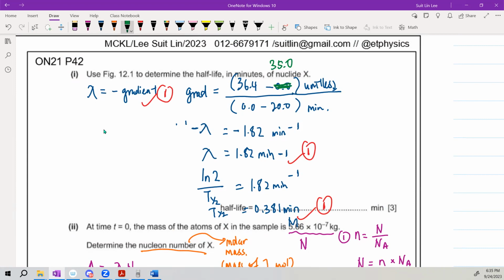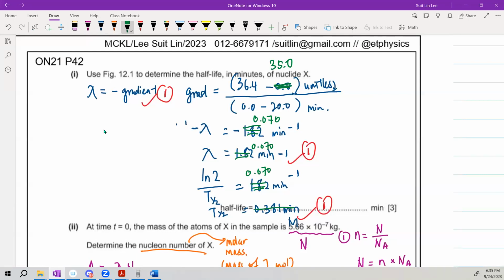36.4, 35.0, divide by 20. So this would be 0.07. It's going to include another SF. So ln 2 over half-life would be 0.0702.